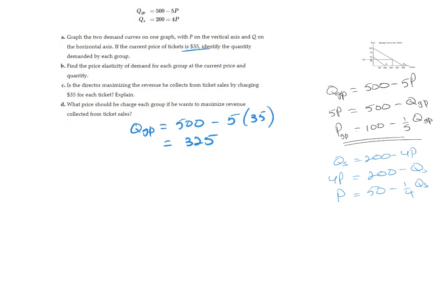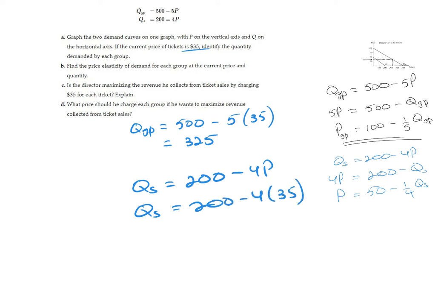And at the same price, let's calculate the demand for students. Demand for students is given by 200 minus 4p, or 200 minus 4 times 35. And this amounts to 60 tickets.